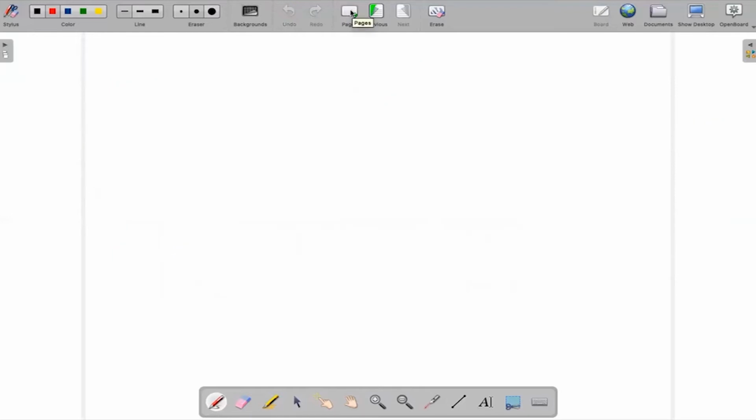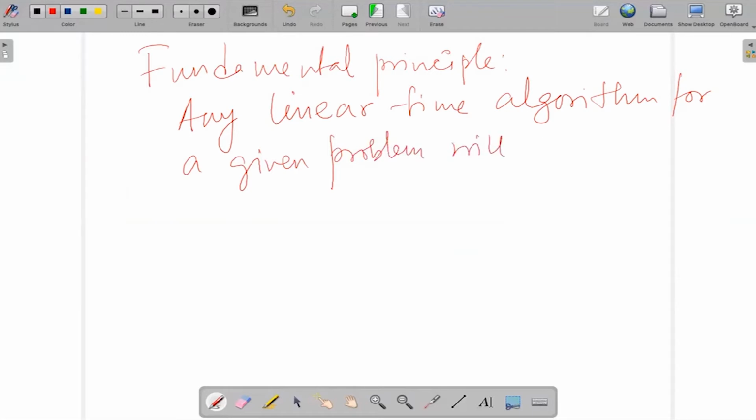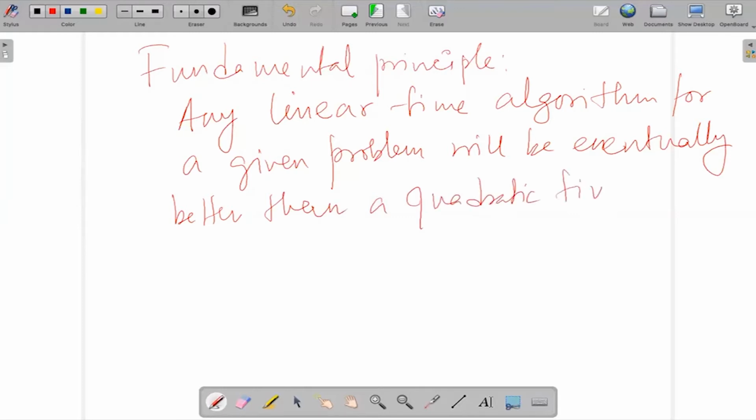When we consider this eventual behavior, there is one fundamental principle that you need to remember. This is a very important fundamental principle that will come time and again in all your analysis. Any linear time algorithm for a given problem will be eventually better than a quadratic time algorithm.